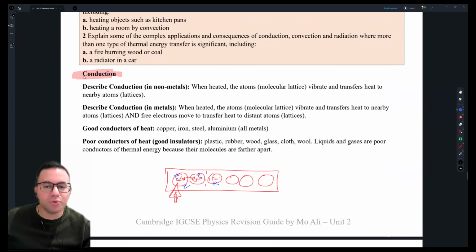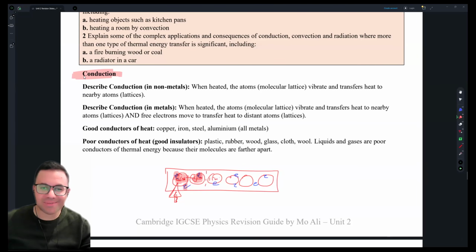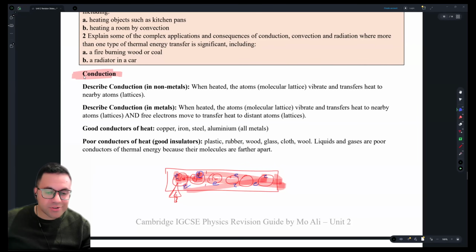Metals have free moving or delocalized electrons. So when you heat it, not only do the atoms vibrate and heat up nearby atoms, the electrons also get hot. And the electrons aren't limited to nearby atoms. Electrons can move freely through the metal, to the other end, heating distant atoms.